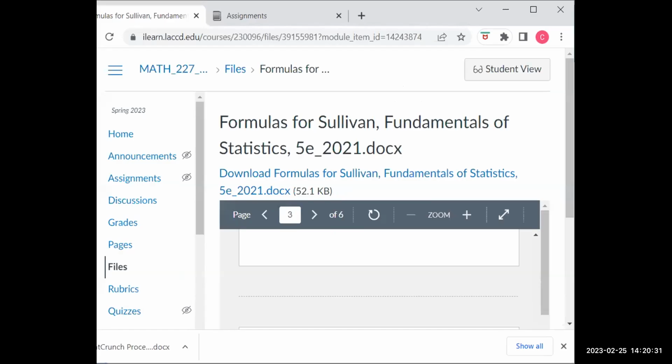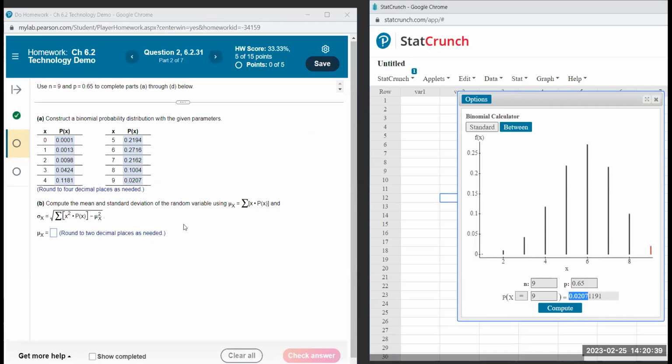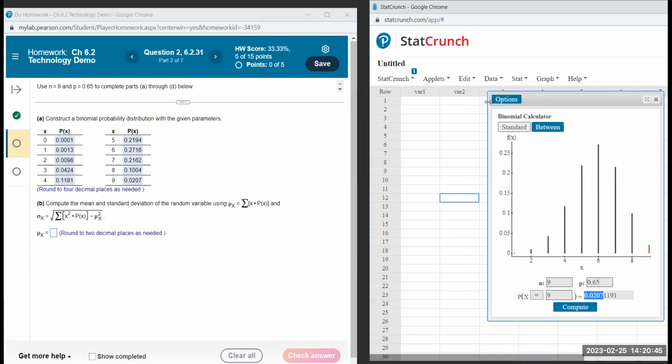So let me go back to our problem. And I guess technically we could do it the long way, but if you do have a problem where it's more than 2 outcomes, then you would put all the outcomes in column 1. Just do it quickly just to show you in case something shows up. But this is not what we would do here. We would do the short formula.